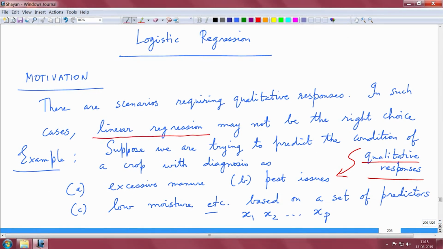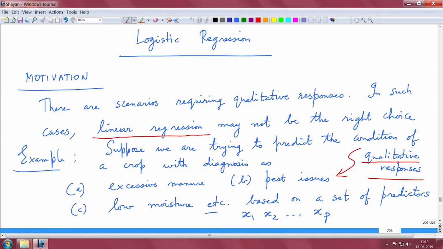In the last module we studied linear regression, where we had a quantitative response to some predictor variables. This may not be the case for responses that are qualitative in nature. So, let us look into an example.